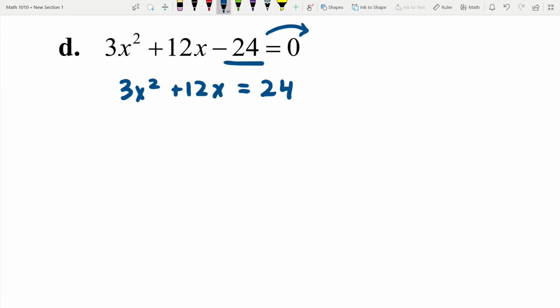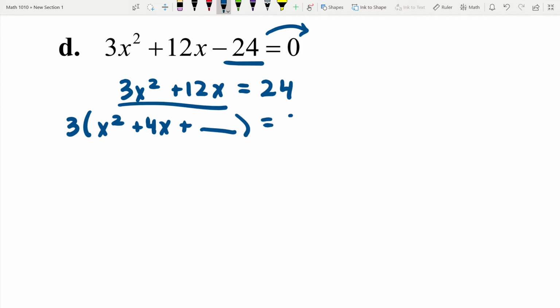So then the next thing is to take out the 3, just out of those guys. Okay, so take out a 3, and you're left with x squared plus 4x plus blank equals 24 plus blank. Don't take out more than a 3. Don't take out the x, just the 3, and the 3 does not come out of the 24.